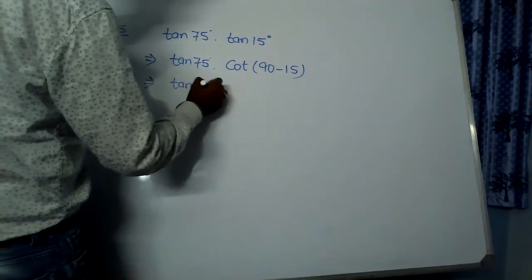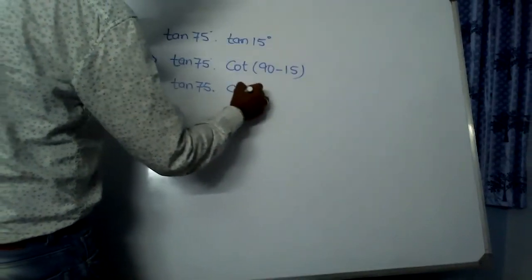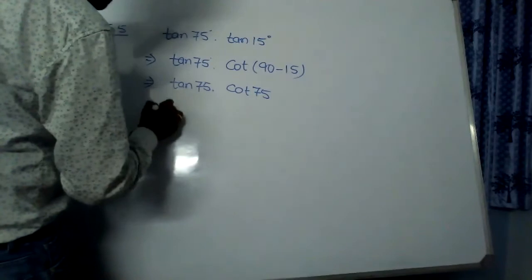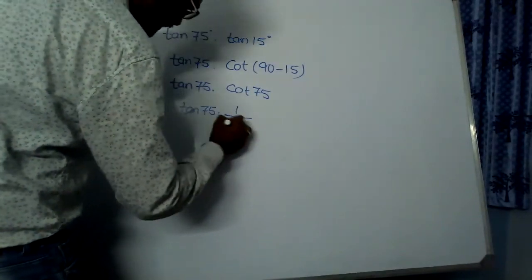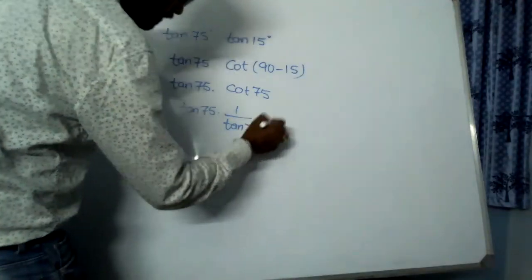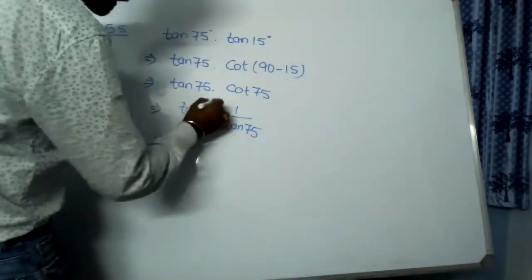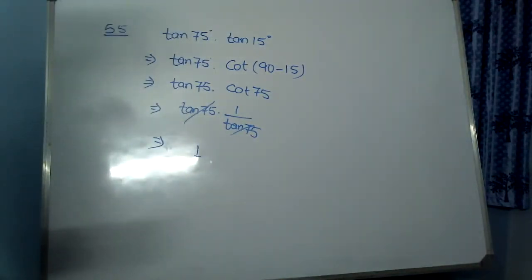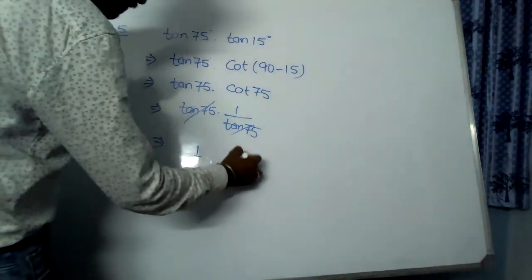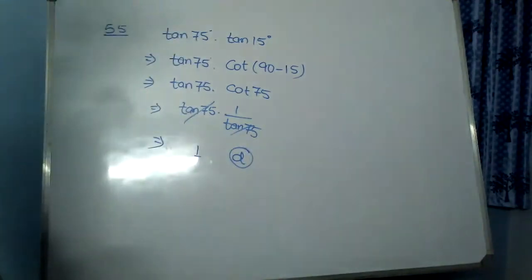Tan 75 into cot 75. Next, tan 75 into 1 by tan 75, because cot theta is 1 by tan theta. Of course, it gets cancelled out and your answer will be 1, which is option D. So D is the right option in this case.